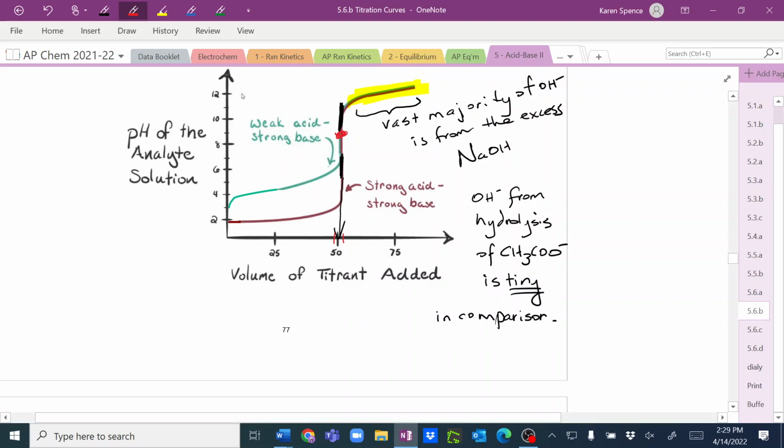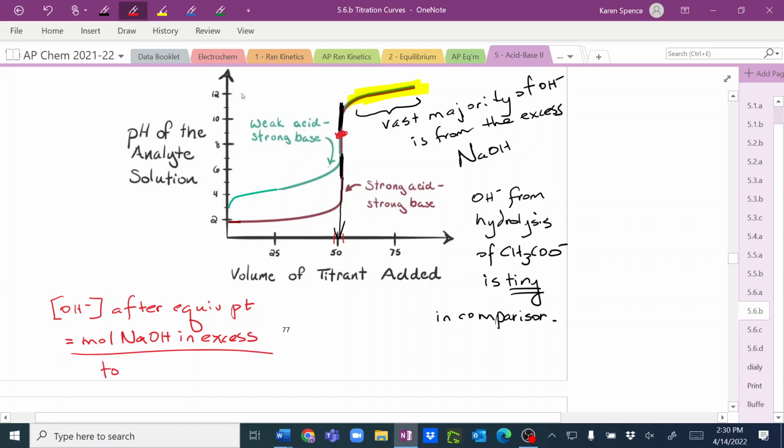So to find the concentration of OH after the equivalence point, that's going to equal your moles of NaOH in excess divided by your total volume.